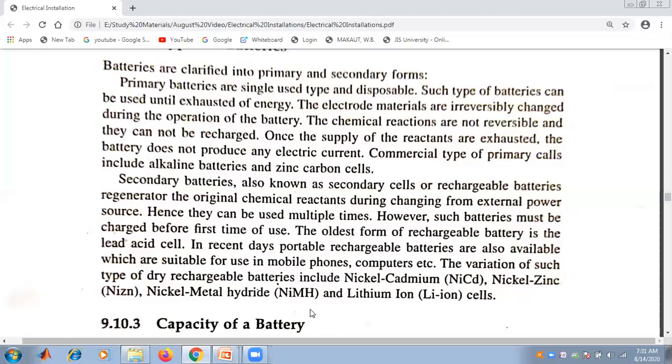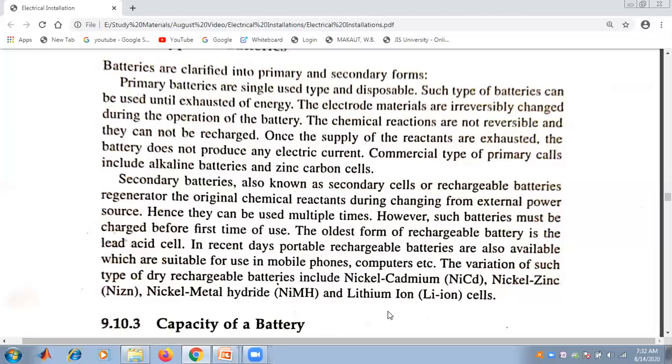The variations of such dry rechargeable batteries include nickel cadmium, nickel zinc, nickel metal hydride, and lithium ion cells, which we have seen in our daily life.